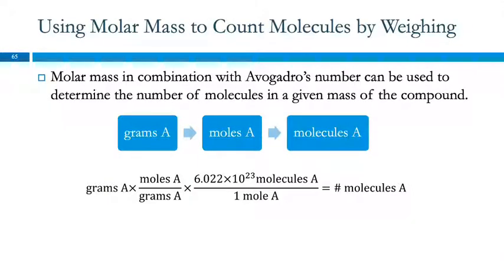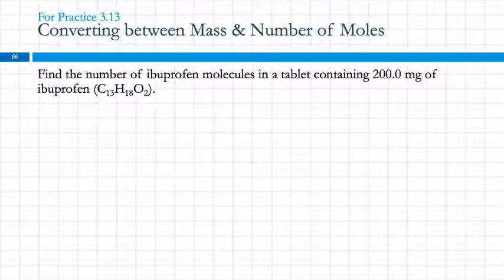So we can use the molar mass combined with Avogadro's number to count the number of molecules in a given mass of compound, just like what we did with the atoms. So find the number of ibuprofen molecules in a tablet containing 200 milligrams of ibuprofen.